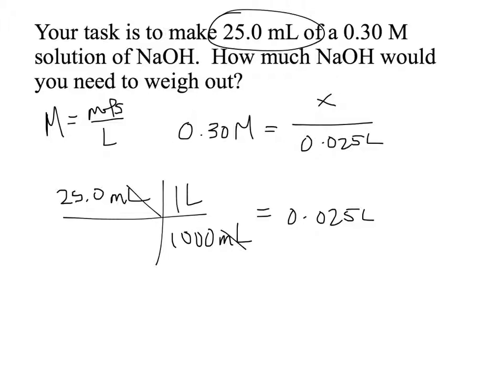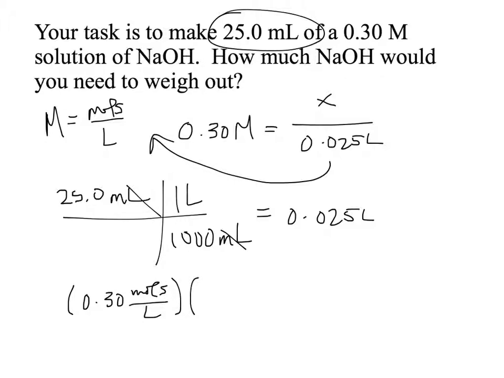So essentially what we need to do now is we need to get X by itself. And so, how do I do that? Well, I cross multiply. So essentially what's going to happen is that this 0.025 liters has to come up here. And so I end up with this. 0.30 molar, which is really moles over liters, right?